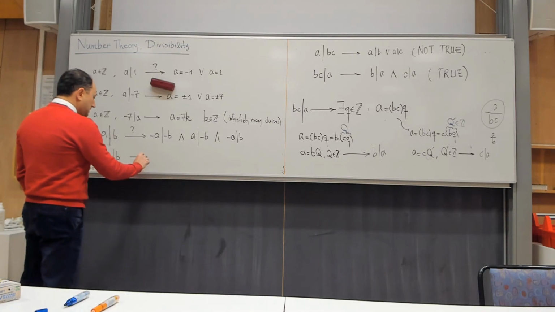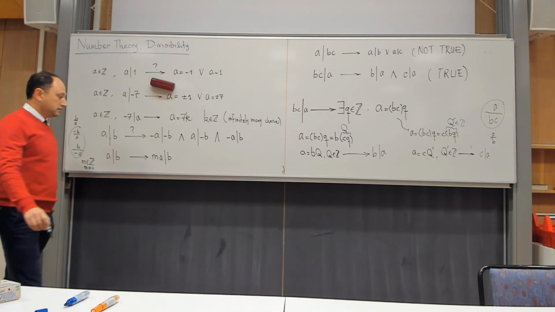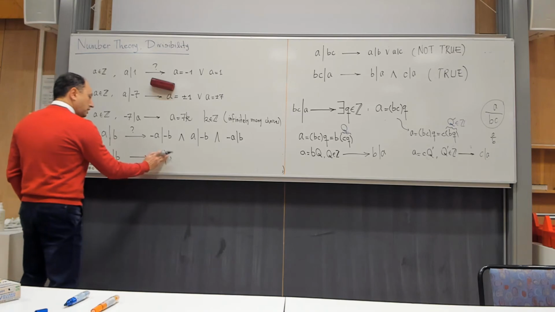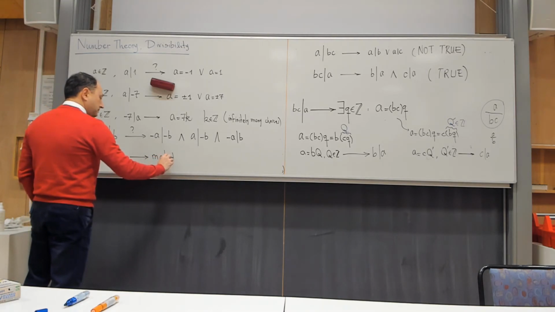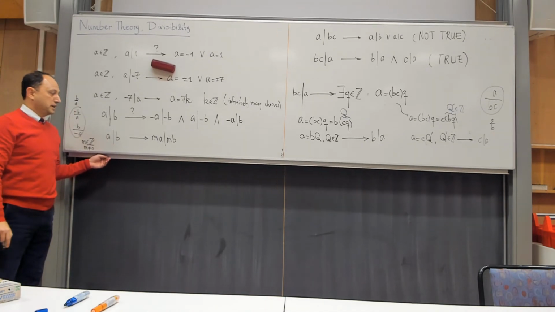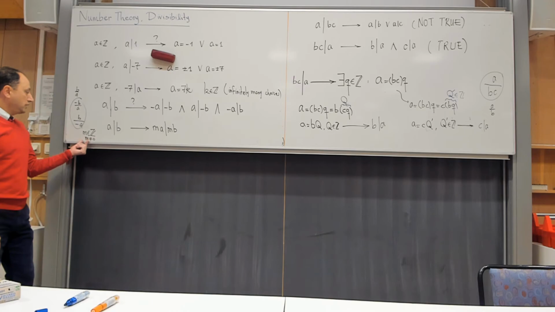Do you think that I can conclude that M times A divides M times B? Do you think this is true? Let me multiply both sides, because usually we are used to multiplying both sides by some number. I am telling you this is true, and M is an integer not equal to 0, so we are not worried about special cases.